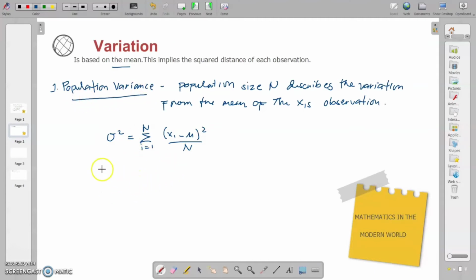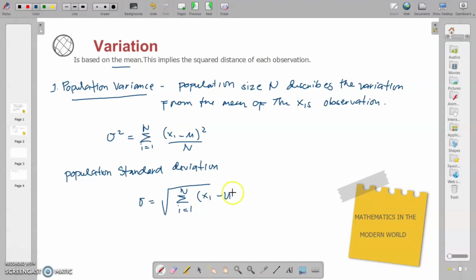For the population standard deviation, we just take the square root. So sigma equals the square root of the summation of i equals 1 to n of the quantity x sub i minus mu, squared, over n. So that is the formula.